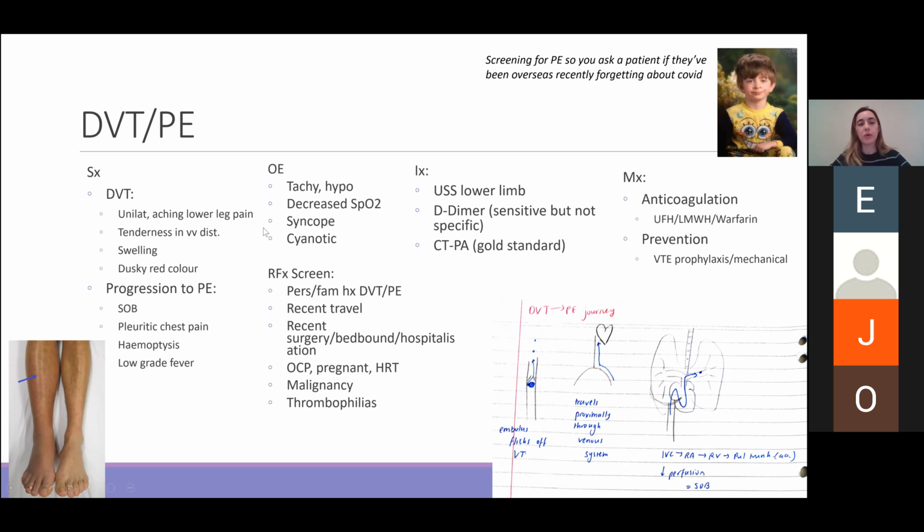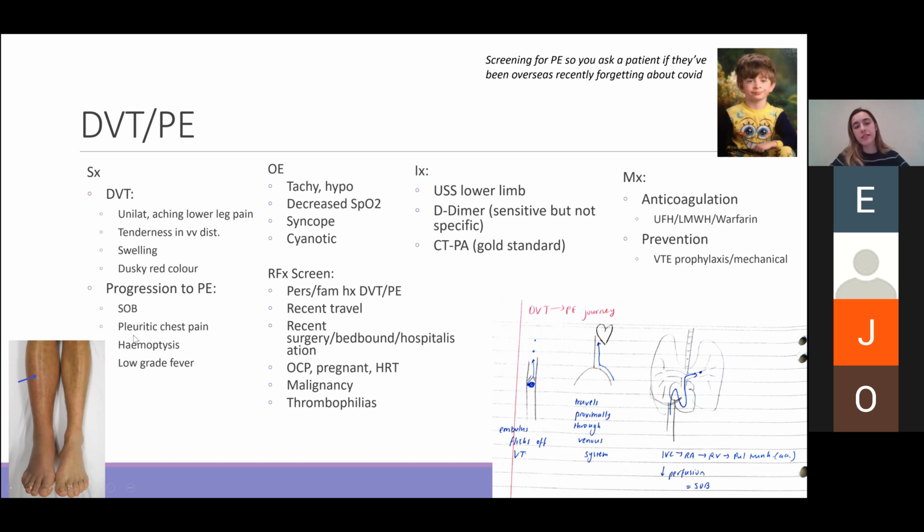You usually will present with unilateral symptoms, unless you're super unlucky and you have clots in both legs at the same time, but usually just unilateral. Lower leg pain, often tender in the distribution of the vein. It's swollen, and you can test that by checking at the tibial tuberosity area if it's swollen compared to the other side, and kind of a dusky red.